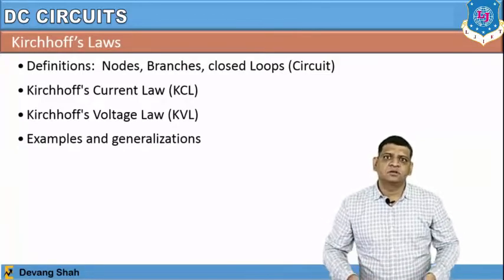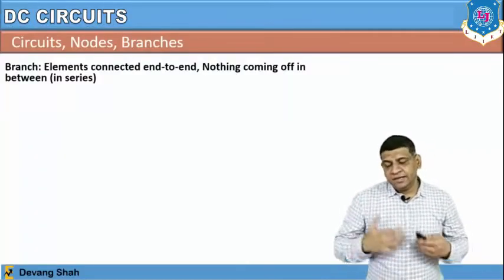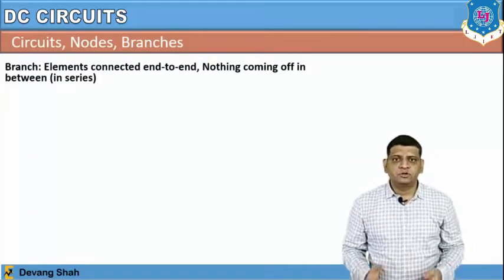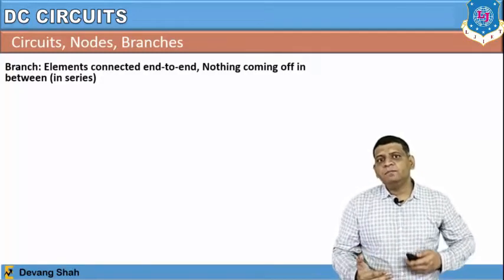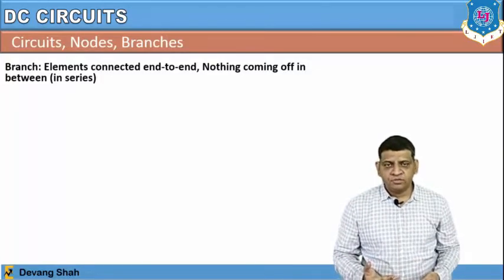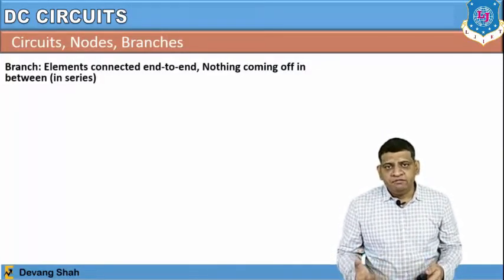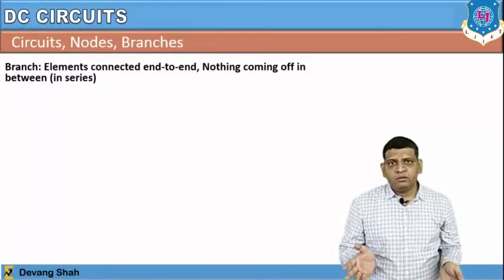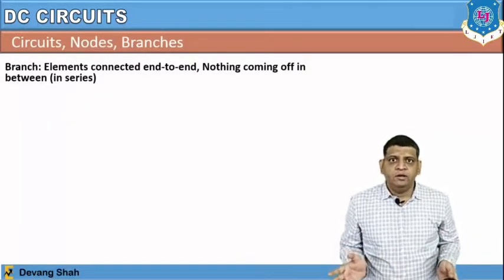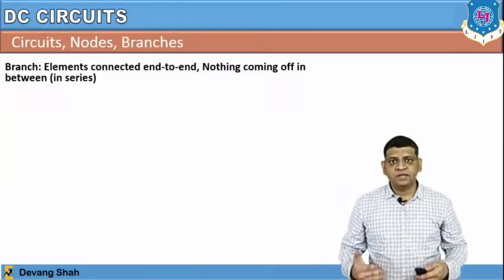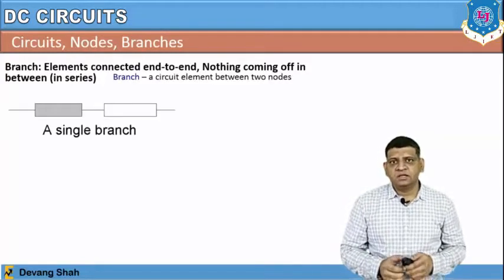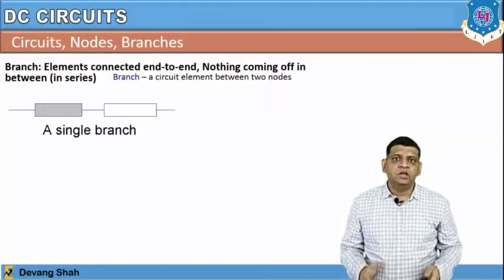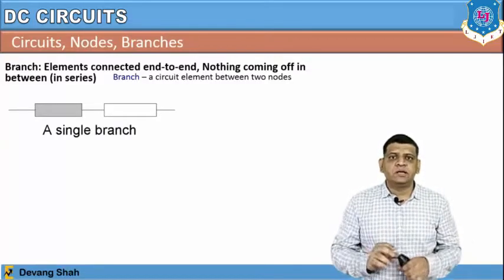So let's start with the node and branch. We'll start with the branch first. What is a branch? A branch is not a single wire. There is an incorporation of components inside the wire. One component, or components connected end to end, we consider as a branch. In this diagram, there is a single branch where there is one wire and two components connected in series.